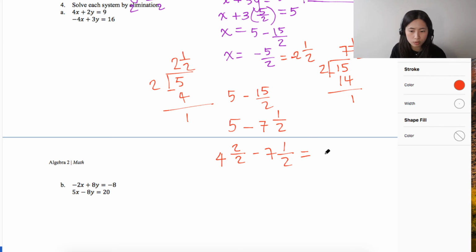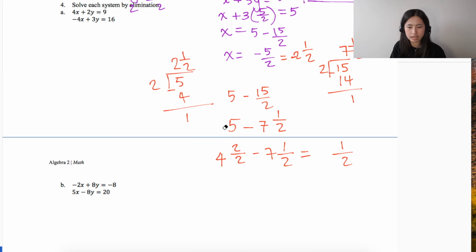Once you have 2 minus 1/2, you're going to have 2 minus 1 over here, which is 1. Actually, I can just leave it over here, because when you're solving for negative 5 over 2, this is essentially negative 2 and 1/2.